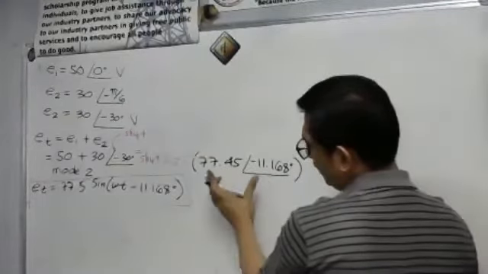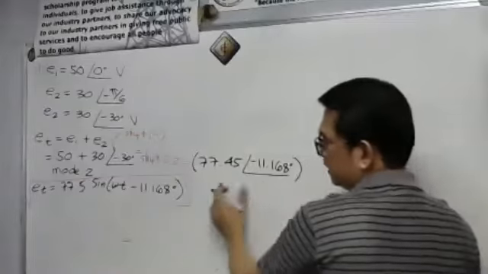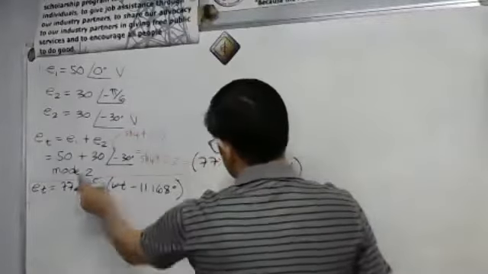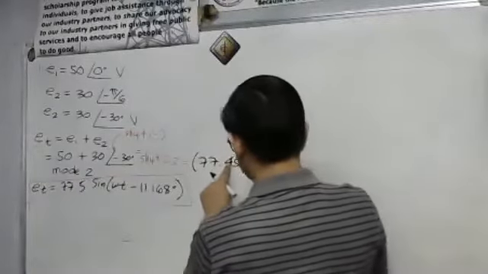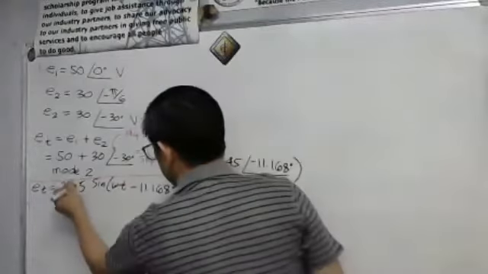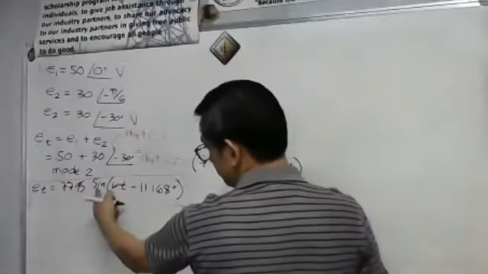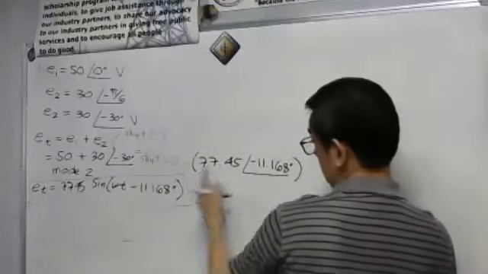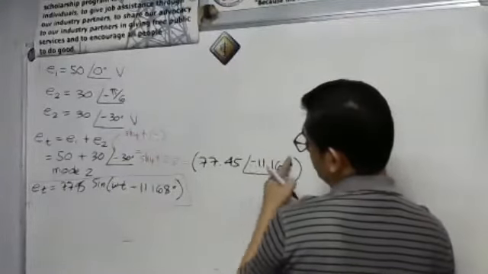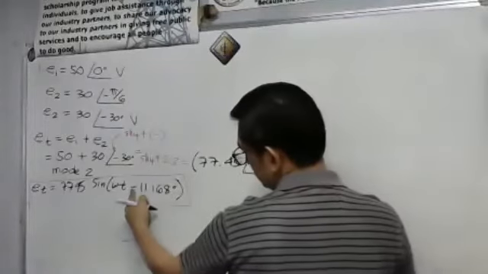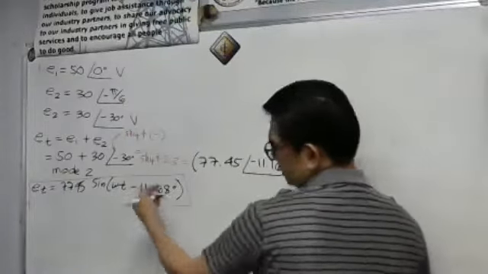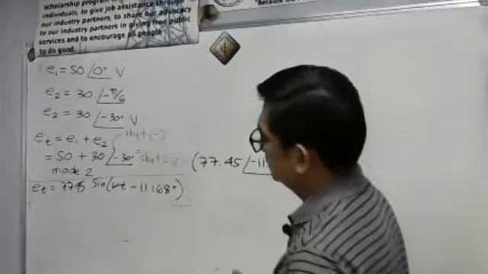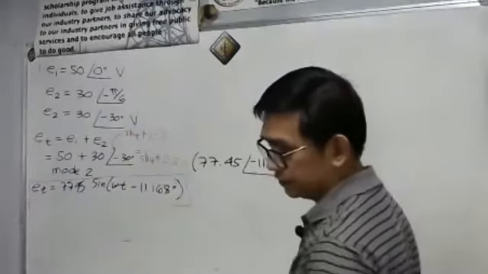So you're going to convert this into trigonometric. So I just rounded this one. Well, anyway, you can put here 77.45, then sine omega t, then minus 11.168. You carry over, you copy paste this one here after the omega t. Okay? So that will be our answer.